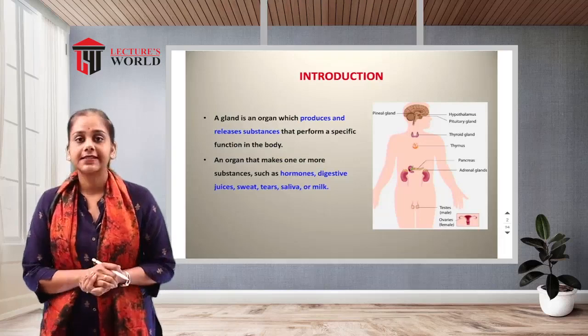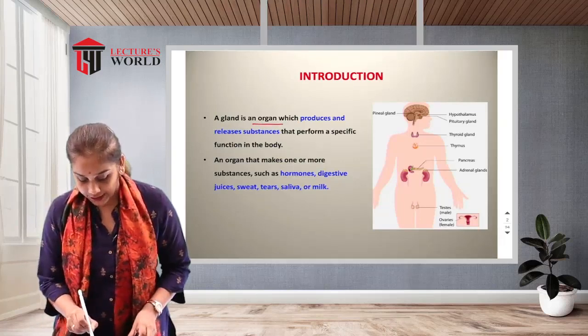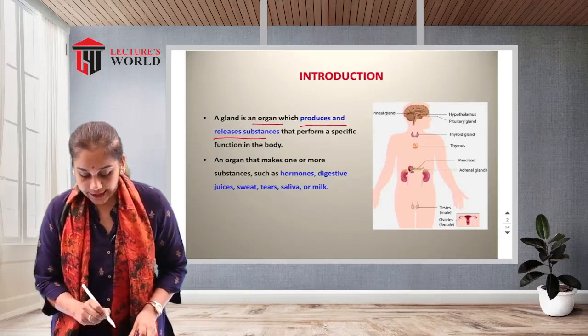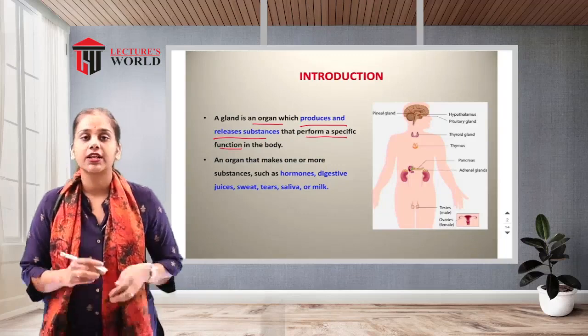Let us see what a gland is. A gland is an organ which produces and releases substances that perform a specific function in our body.